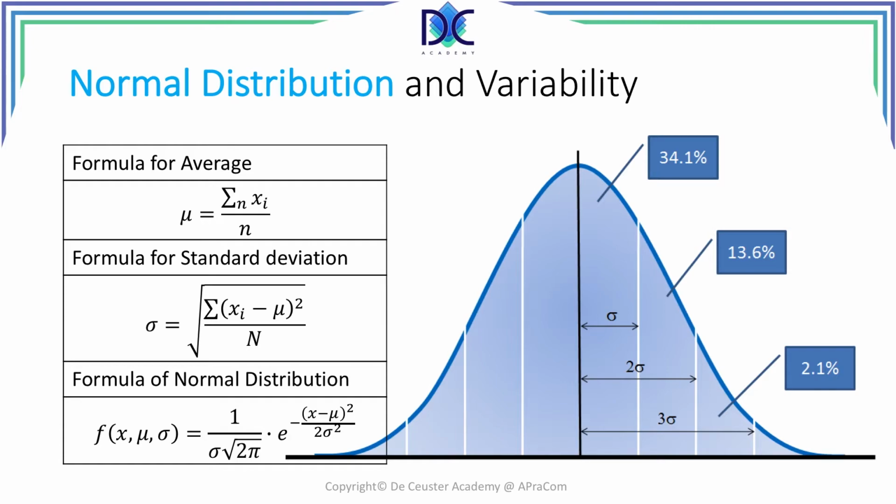Since it is a symmetrical distribution, 50% of the measurements are to the left of the average and 50% are to the right of the average. You also see the formula for the standard deviation, and on the bottom the formula of the normal distribution.